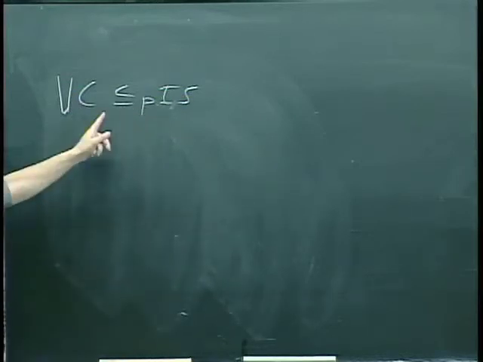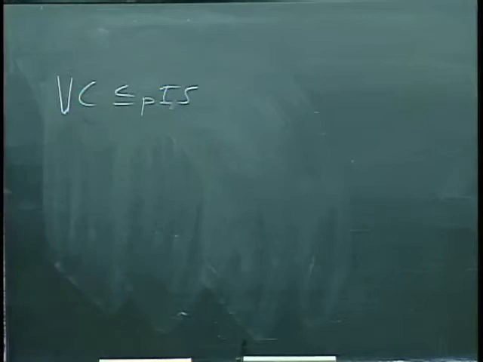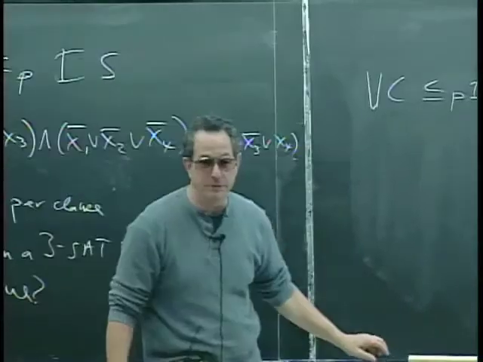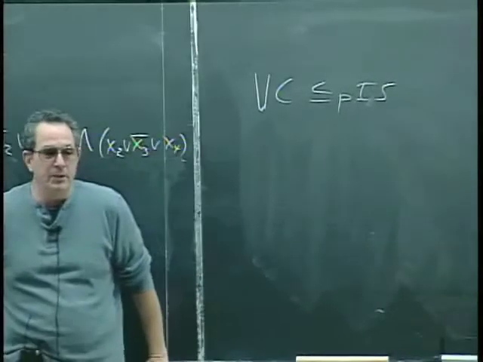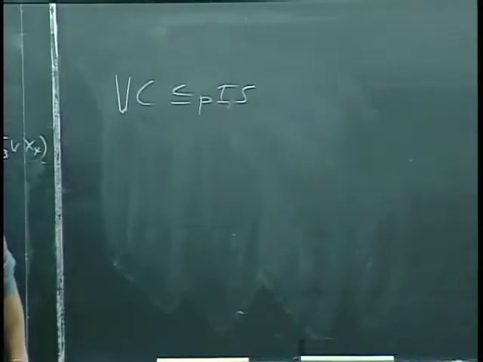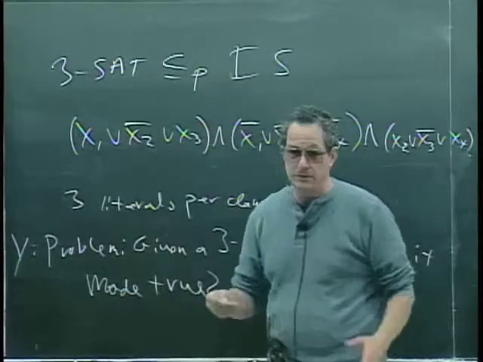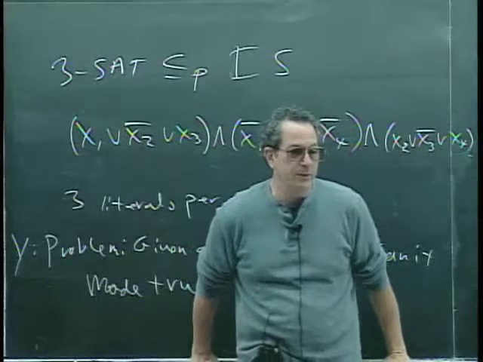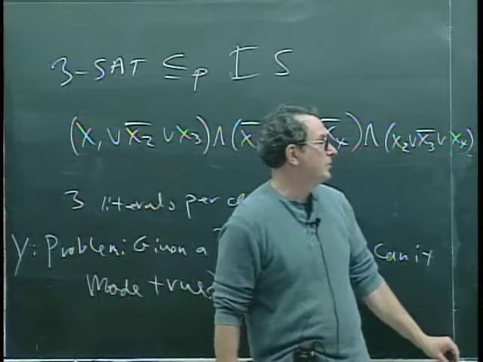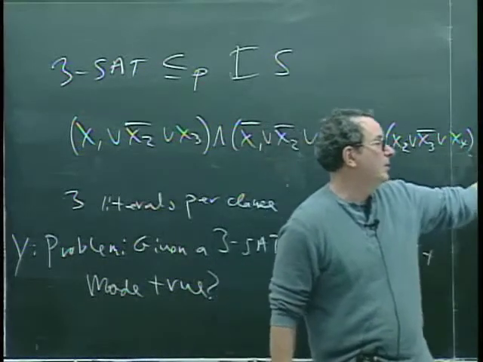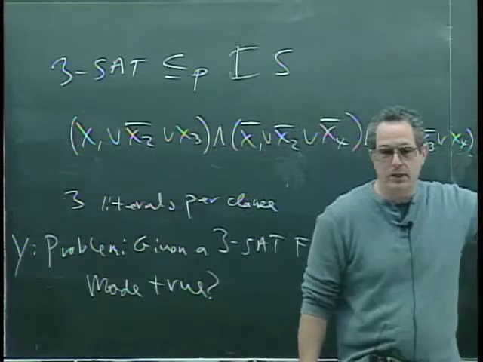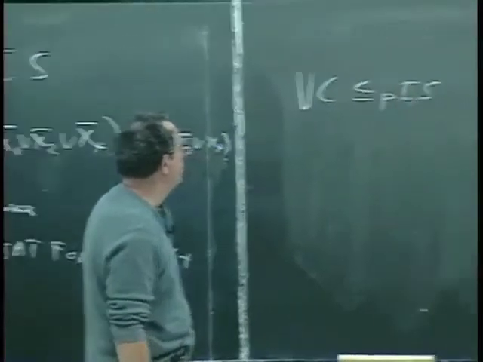But in this actual reduction, how many calls to the black box did we make? Just one. Now 1 is a constant, so that's certainly bounded by a polynomial function. And it's very common that even though the definition allows many calls, as long as the number of calls is bounded by a polynomial, most reductions that we know only make one call, and that's fine.